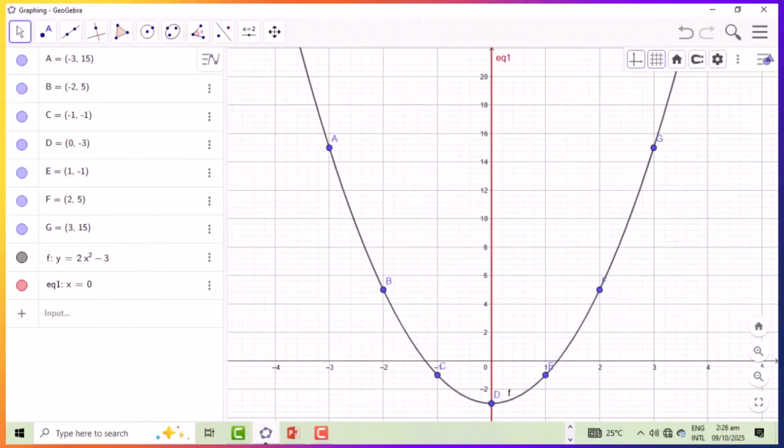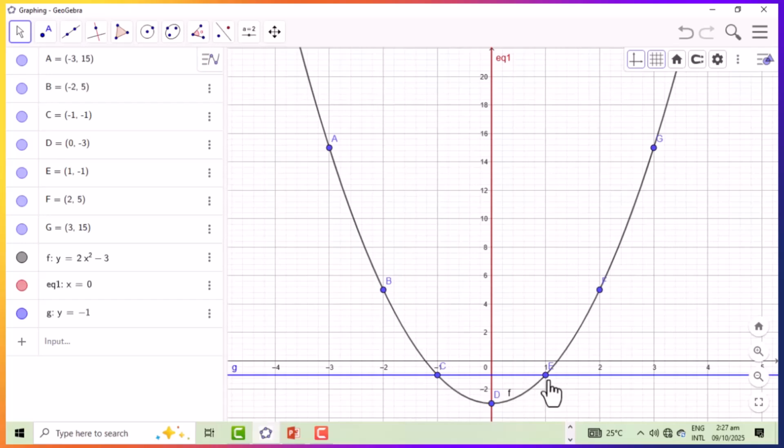So on the graph we are going to plot y equals minus 1. Y equals minus 1 is this blue line. You could see the line is intersecting the curve at this point, and at the same time at this point. So the values of x are given by the intersection between the line and the curve, and they are meeting at -1 on the x-axis and then 1 on the x-axis.